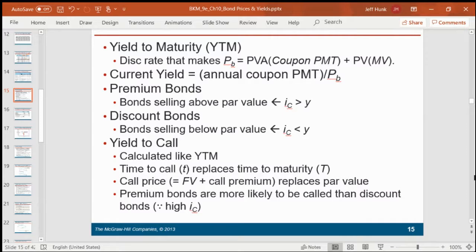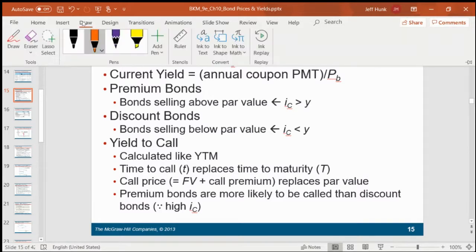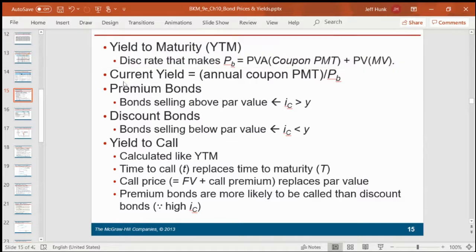But return or yield includes all of that. So yield is long-term return, and short-term return is current yield, the short-term yield, and yield to maturity is long-term yield.